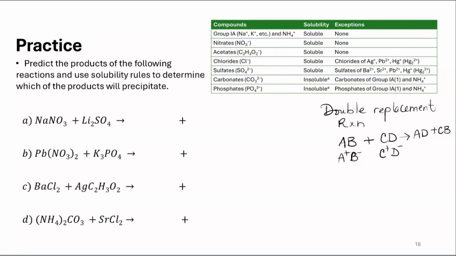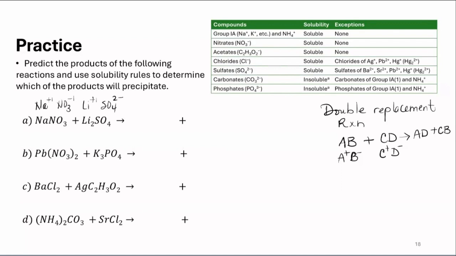So when we look at the ions for each of those two aqueous ionic compounds, it is going to be Na+1, NO3-1. In the next compound, lithium +1, and then we have sulfate 2-.